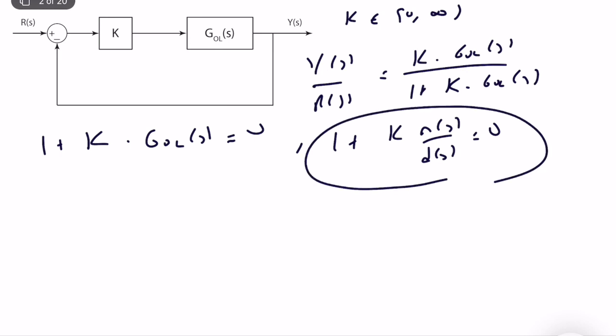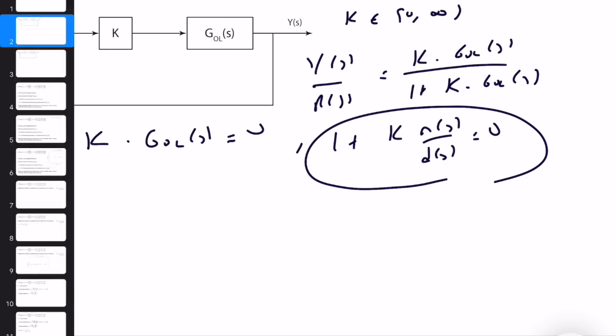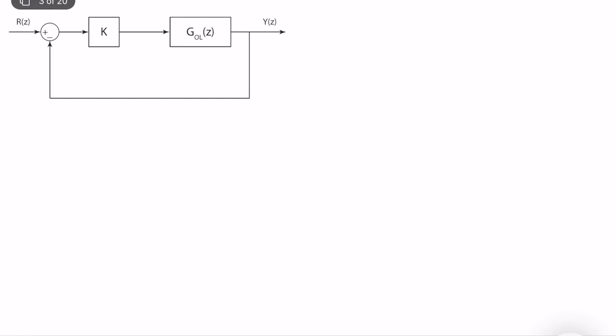Now let's analyze the Root-Locus framework in a discrete time control system. Once we digitize the plant, we can construct a similar problem, where we have a discrete time gain k and a discrete time open loop transfer function, which can consist of the discretized plant and the controller.